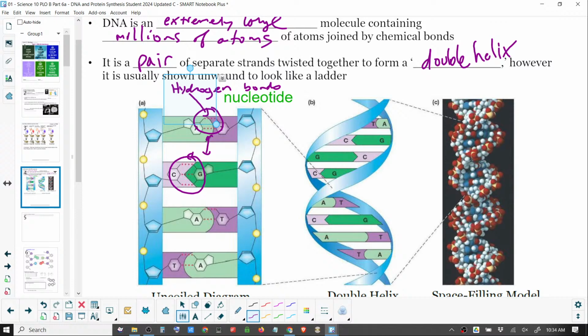The overall structure we're looking at here: 1 unit of DNA is a nucleotide. It has a phosphate group. That is the sugar. And this area right there, that is the base.